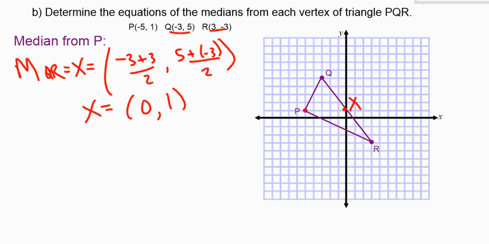So now we need to find the equation of the line that goes through P and X. So let me add that to our diagram.